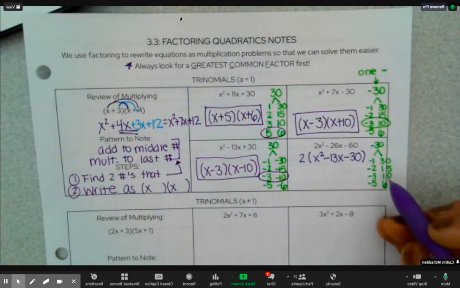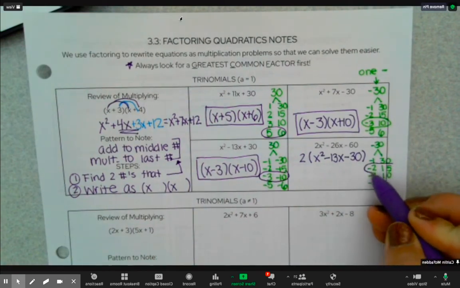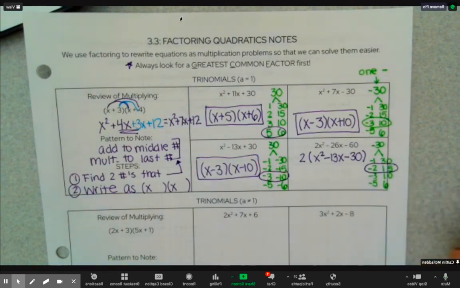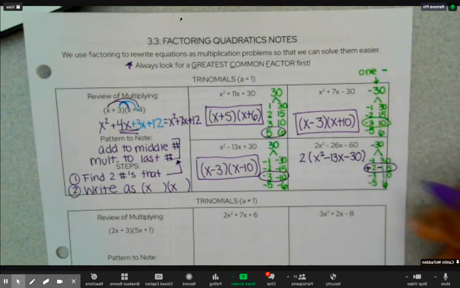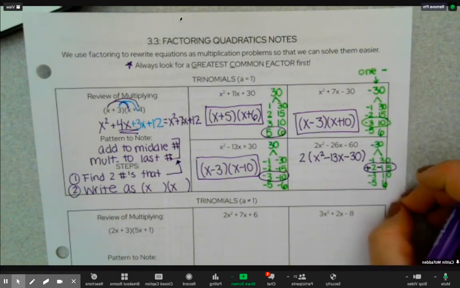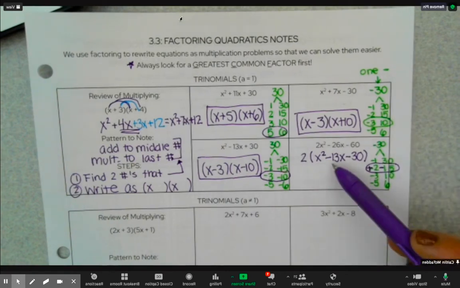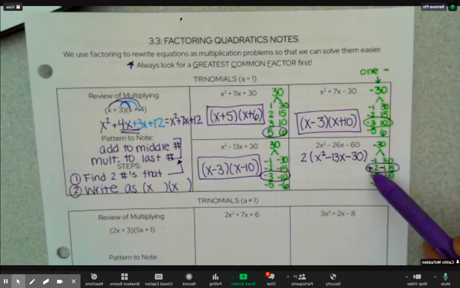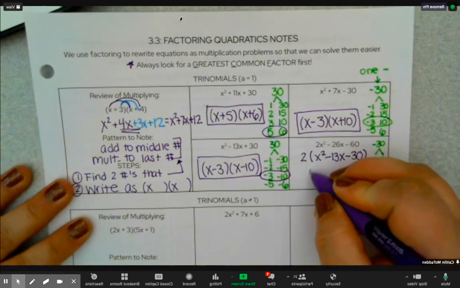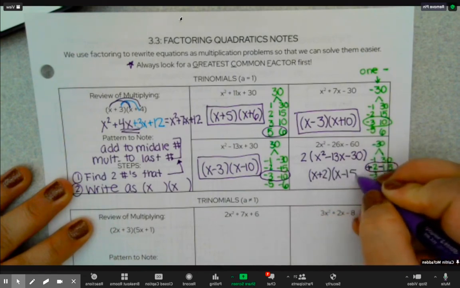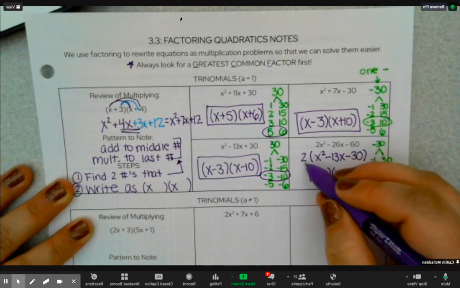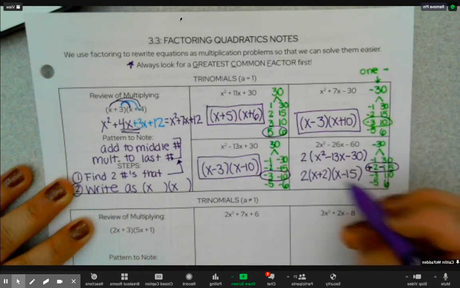And the closest I can get right now is that these 2 add to 13. In order to make it negative 13 instead, I make this the positive and this the negative. So if you've guessed the wrong negative, you're going to realize it has the same number, just the opposite sign. And you just switch the negative to the other one. Super easy. So the 2 should be positive, and the 15 should be the negative. And then you leave that 2 out front.